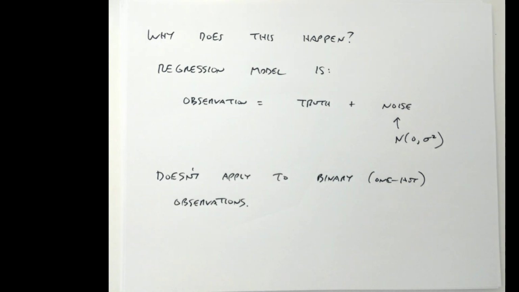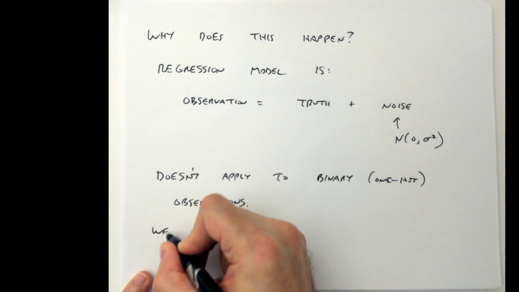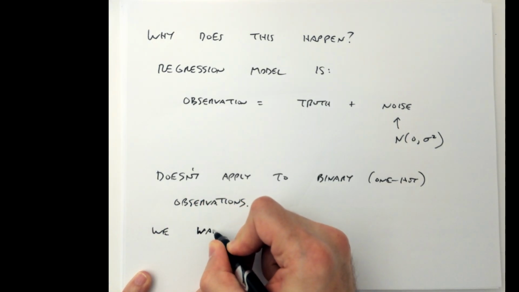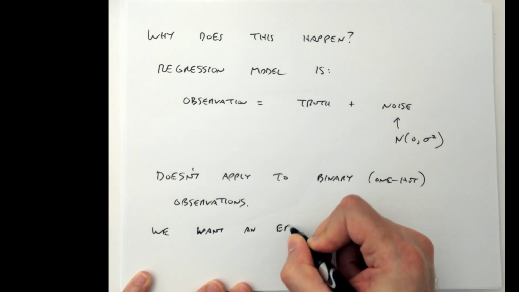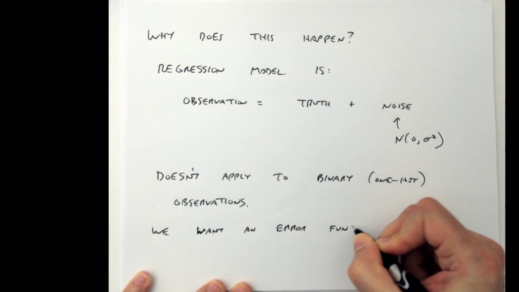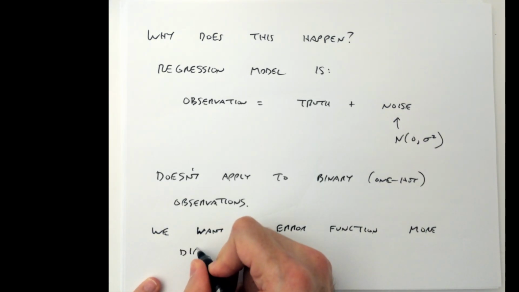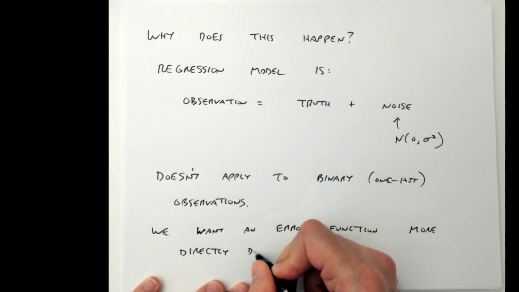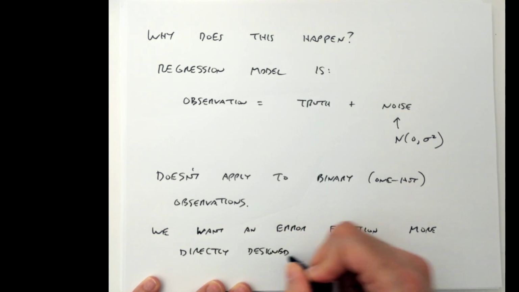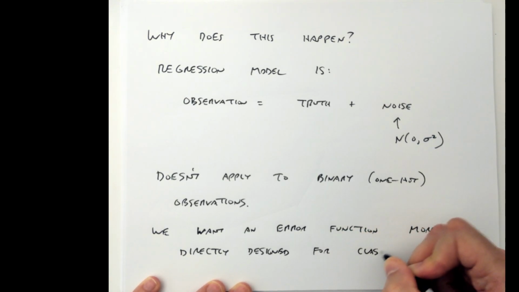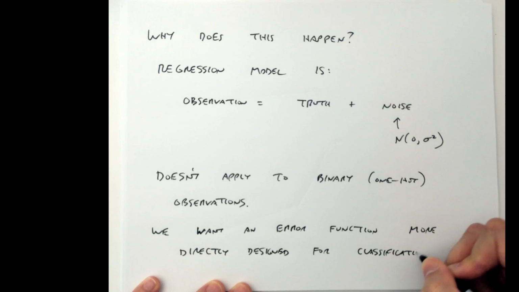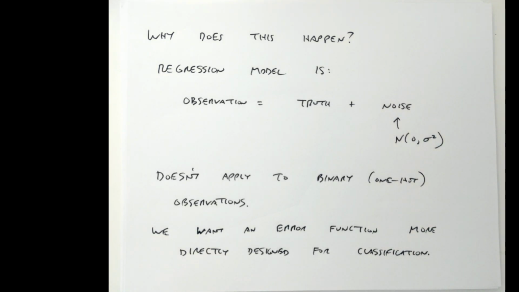So we want an error function that is more directly designed for classification. And that's what we're going to be talking about for the rest of this lecture and for the next 2 lectures, right?